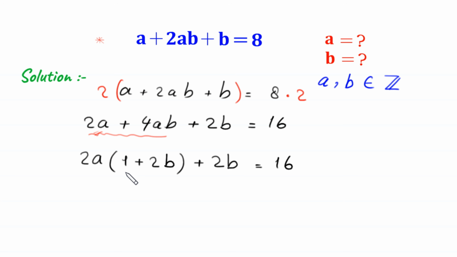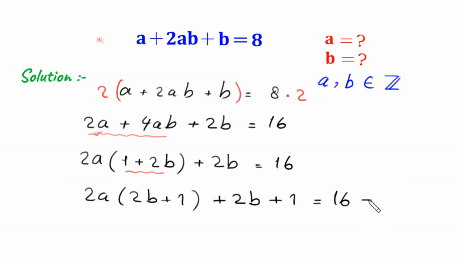Now because we have 1 plus 2b as factor, we add 1 to both sides. 2a times this 1 plus 2b can be written as 2b plus 1, plus this 2b, and we add 1 at left hand side is equal to 16, and we add 1 at right hand side.